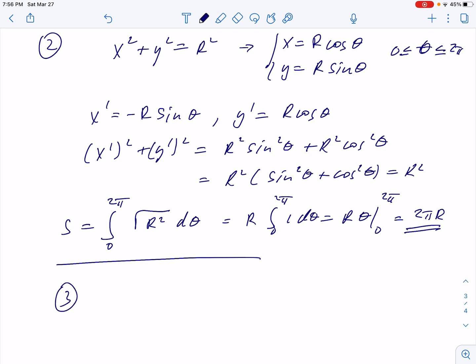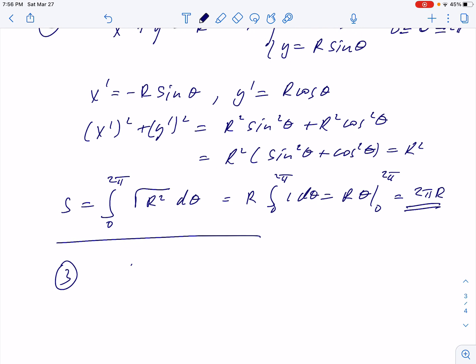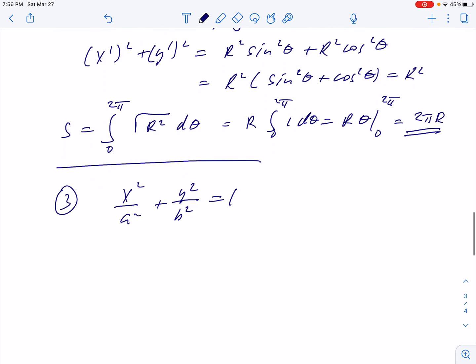We can move to ellipse. Let's take this ellipse. x squared over a squared plus y squared over b squared equals 1. This is the standard equation of an ellipse centered at the origin.